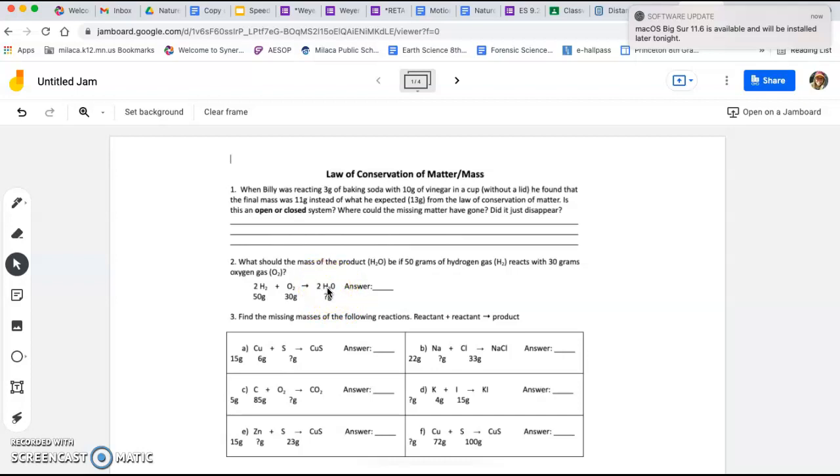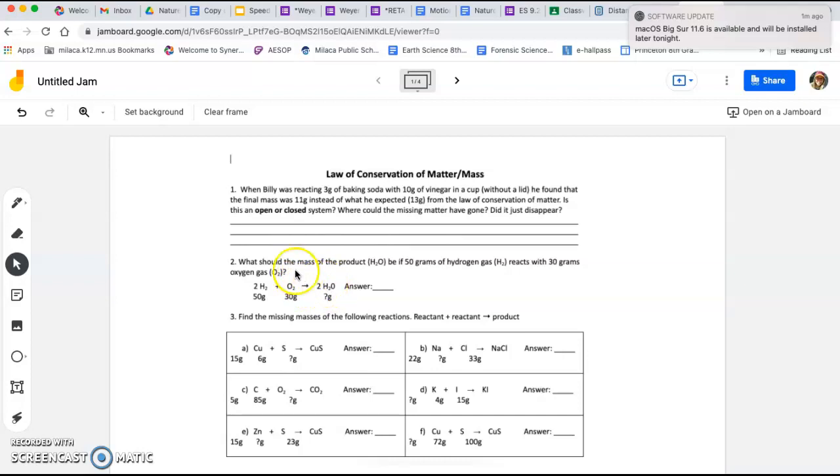This little arrow in the middle simply means that a reaction is happening. These two reactants are going to change into something else.